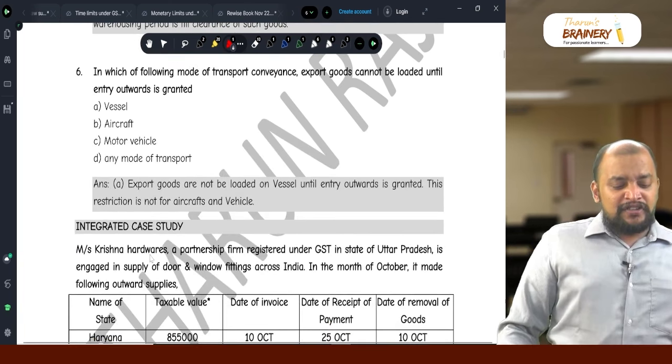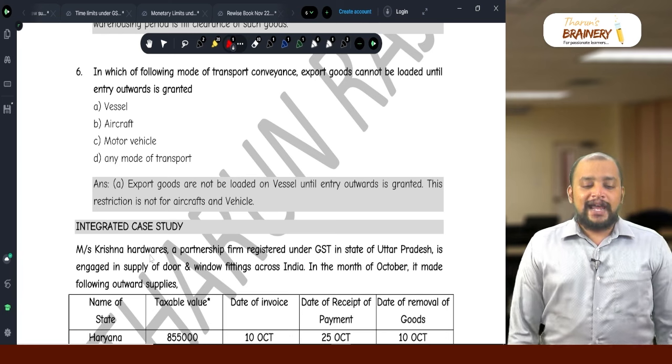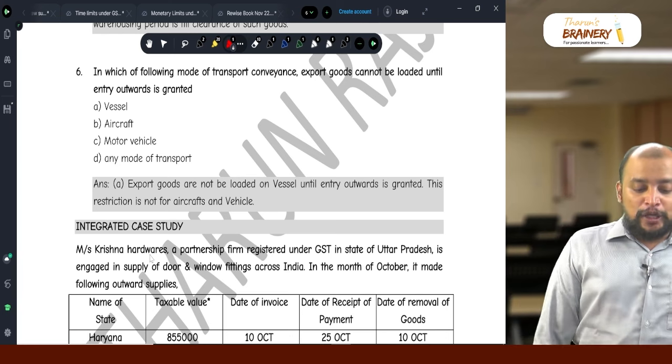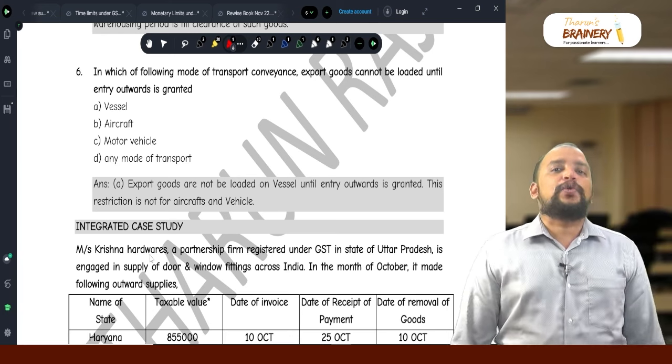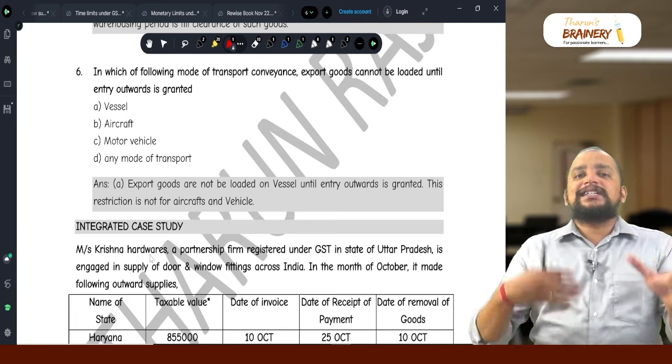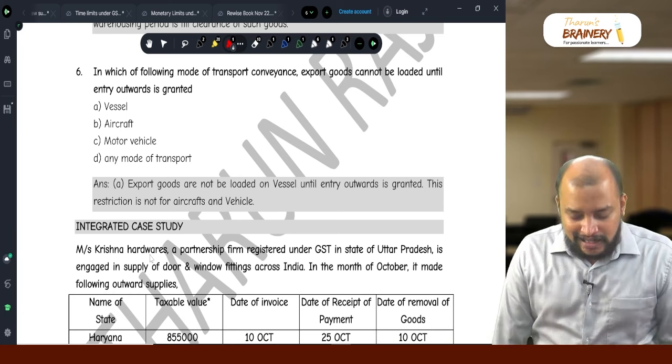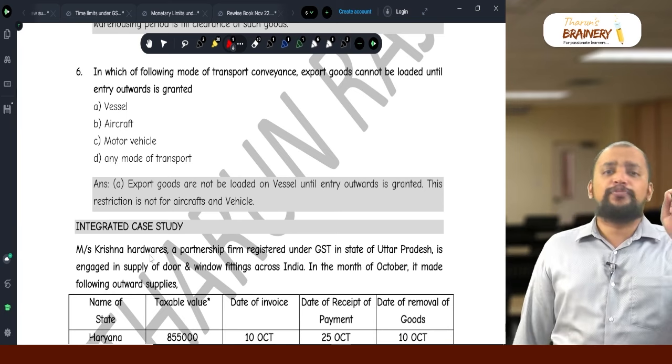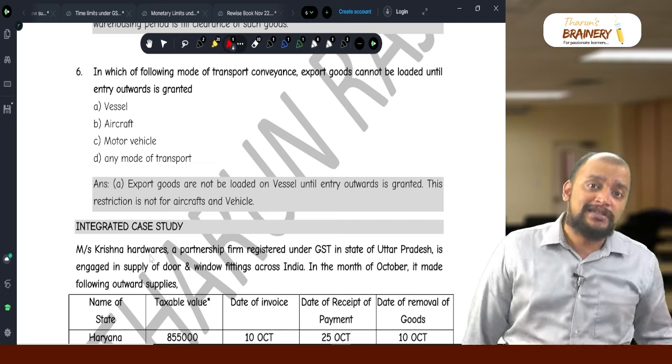Then, in which of the following modes of transport conveyance can export goods not be loaded unless entry outward is granted? While discussing export procedures I said this in the class, and here there is a possibility that students might have made a mistake.